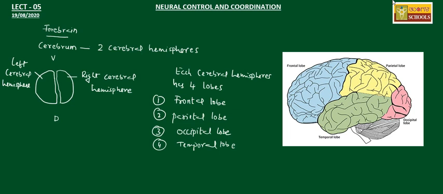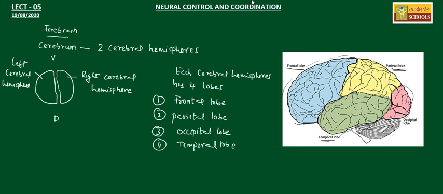So you can see in this case, this blue portion is the frontal lobe. All this portion, from here to here, is the frontal lobe. Then this yellow colored portion is the parietal lobe, and the pink is the occipital lobe, and this portion is the temporal lobe.